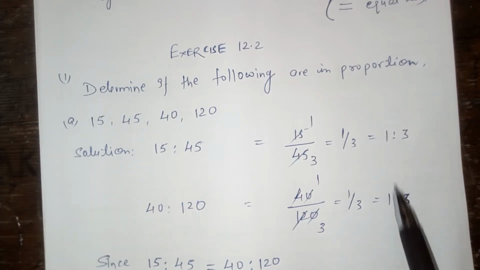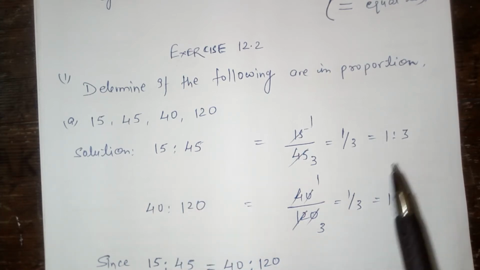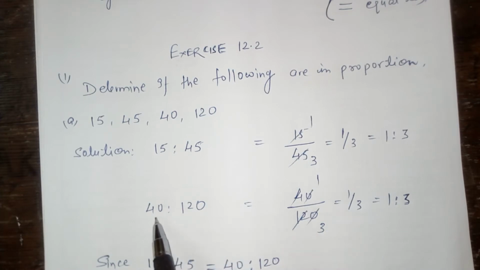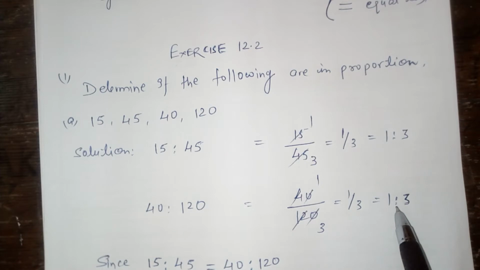Now in this question, as you are looking, the ratio of the first two numbers is 1 is to 3 and the ratio of the third and fourth numbers is 1 is to 3. So the ratios of the first and second numbers and of the third and fourth numbers are the same.